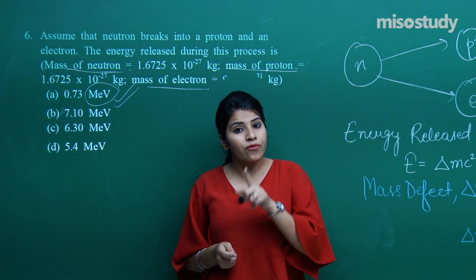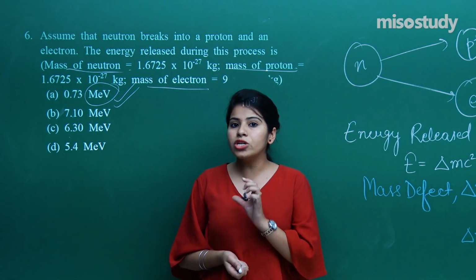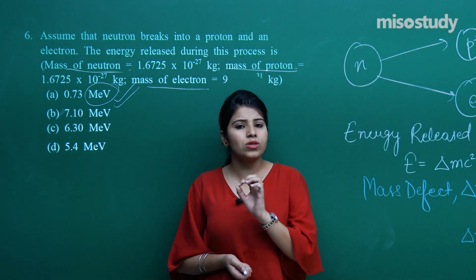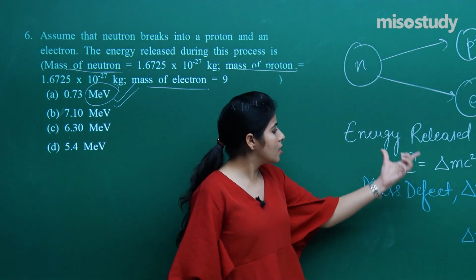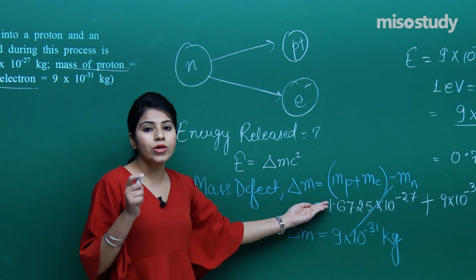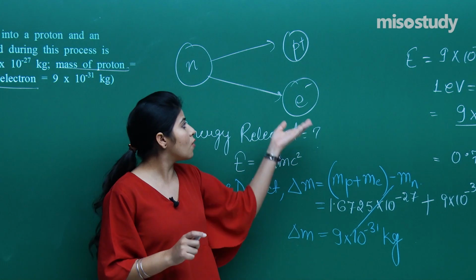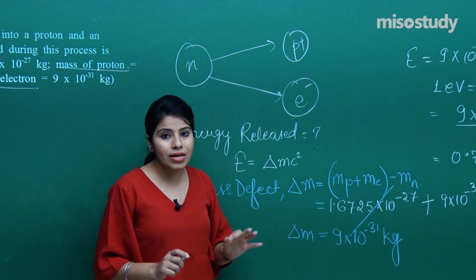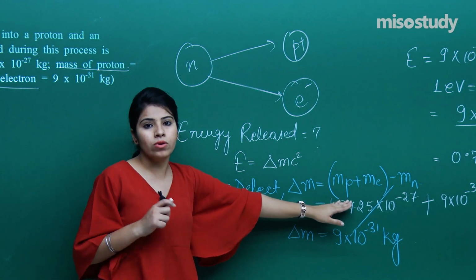But before moving to the next question, what I want to tell you is that the beauty of this question is, this question was very simple, but the beauty behind this question is delta M. How are you going to find this delta M? If you know the concept of binding energy, the mass defect, then you are able to derive this formula on your own.